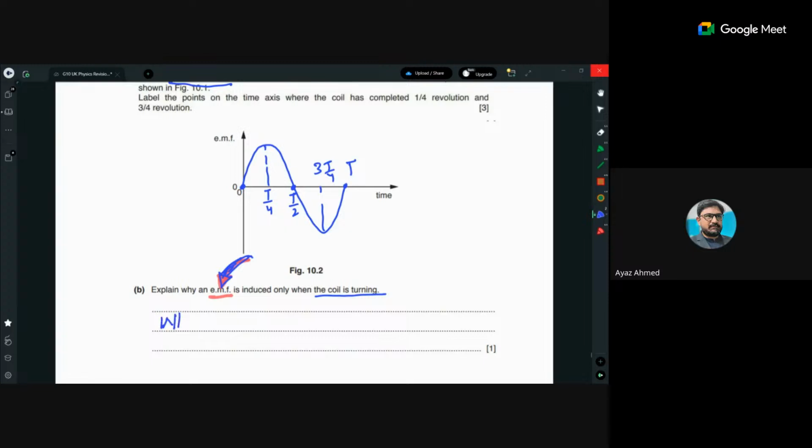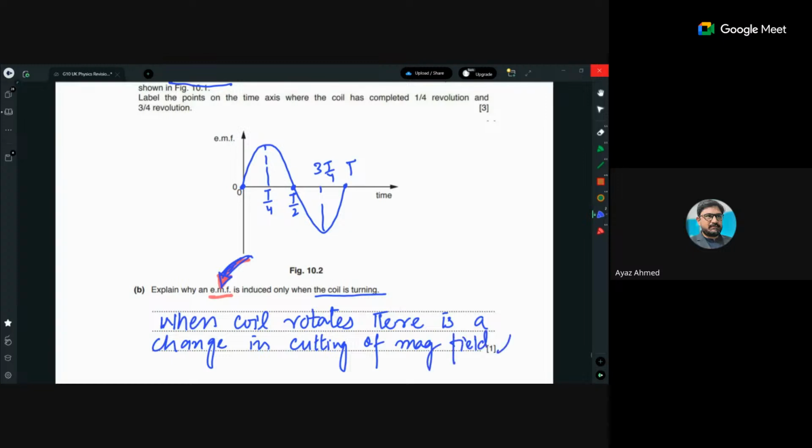So, when the coil rotates, the magnetic field lines are cut. हाँ ये ऐसे लिख देना, तुमने इसका एक नंबर का आंसर है, तो I would try my best to make a good comprehension. Here there is a change in cutting of magnetic field lines. Yeah, there is a change in magnetic flux भी लिख दो, it would be fine. The cutting of magnetic field lines.